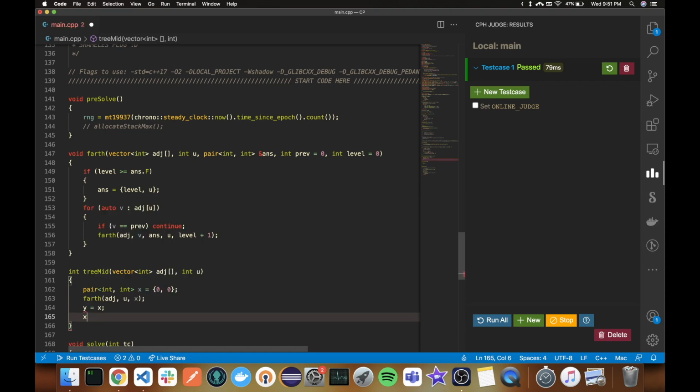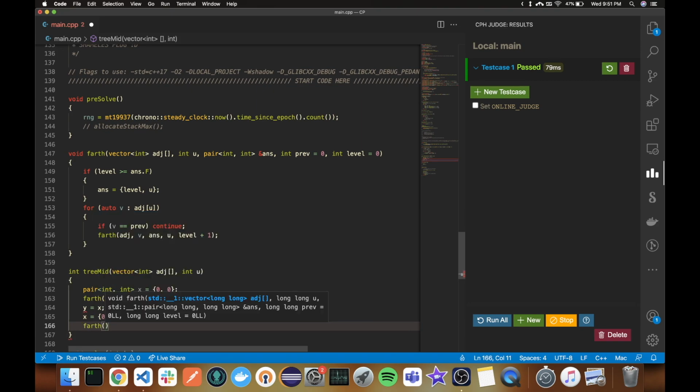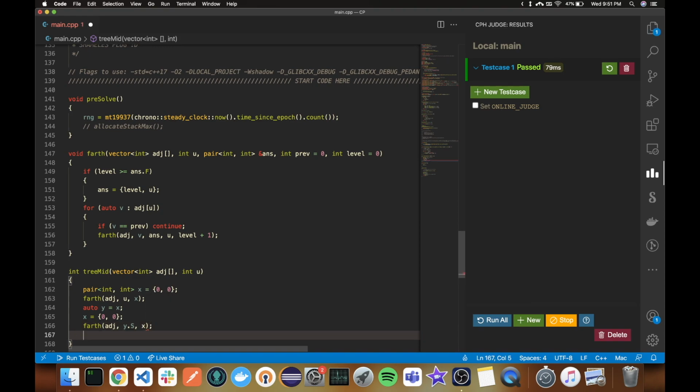X is equals to this, and then we get the furthest again, but this time from u, which was y dot second. So we get the furthest again.